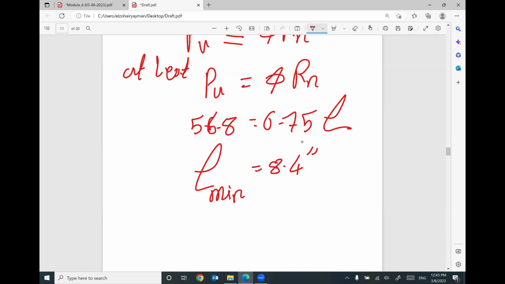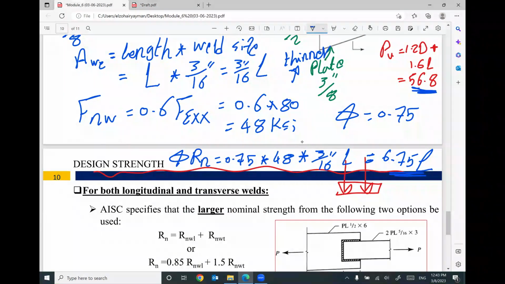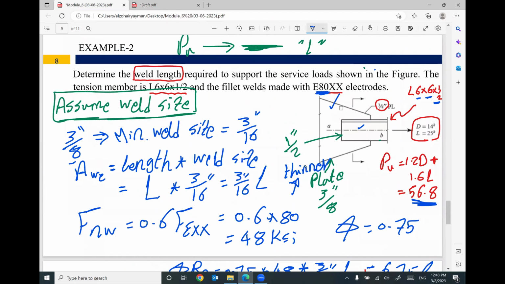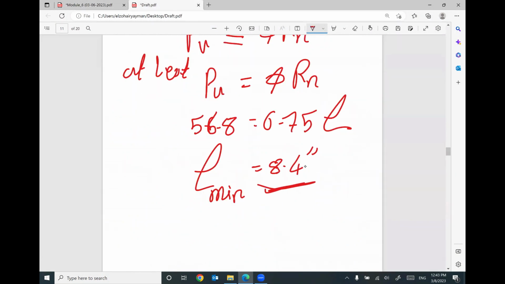Then you need to tell the welding technician, hey, the size of the weld will be 3/16 with the length equal to 8.4. I have another question, and please everybody pay attention. This is the final answer.